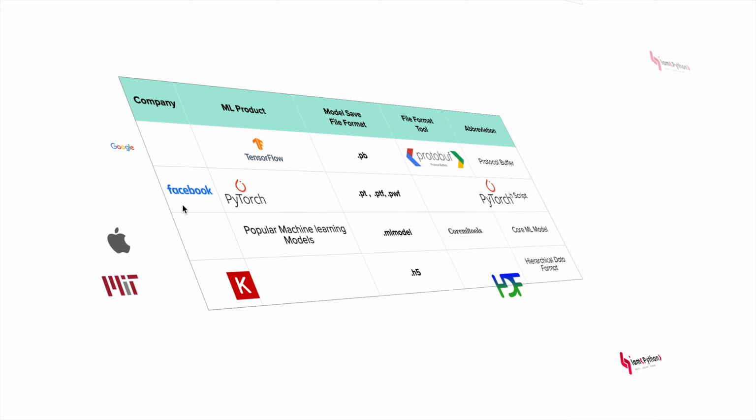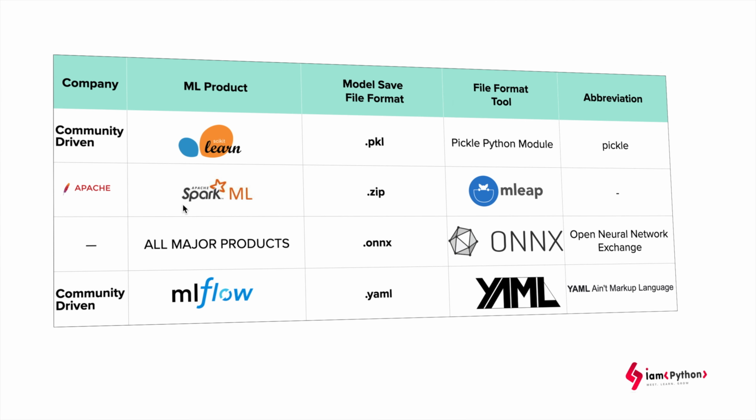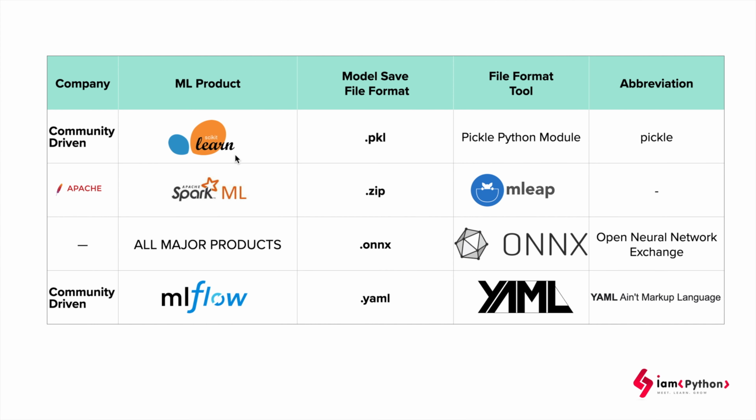Generally we use it. Similarly, most of the time people use sklearn, and if you're using sklearn, generally we use .pickle, which is the pickle Python model. We can use that to convert your model into the pickle format. Basically you are creating the model and saving it into pickle.